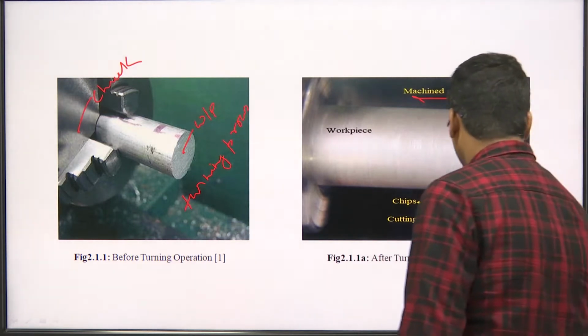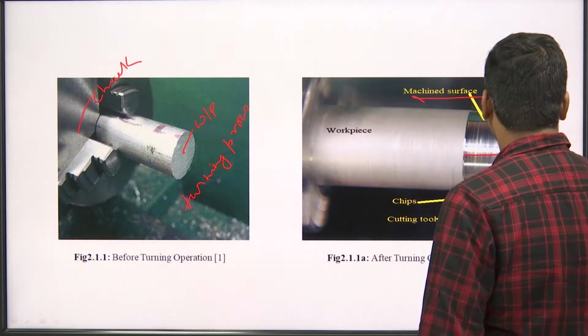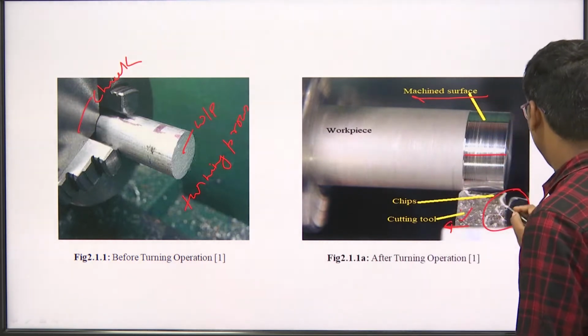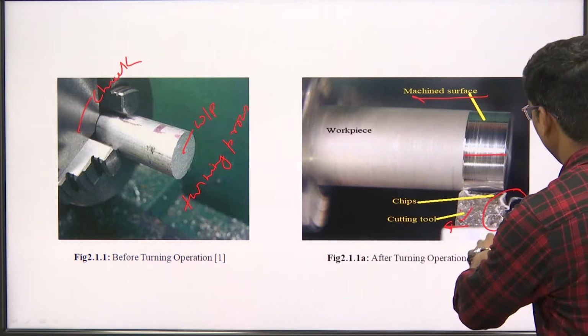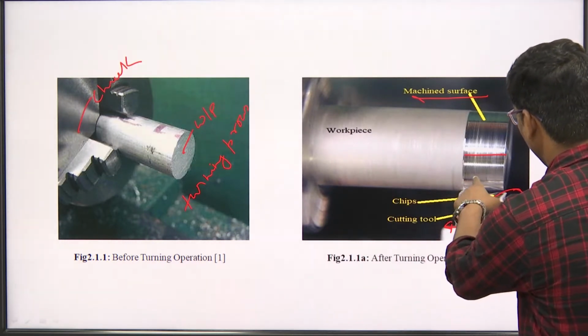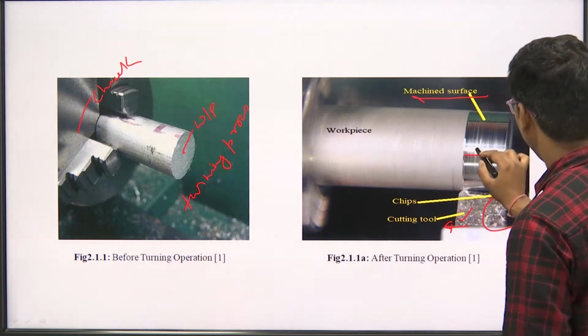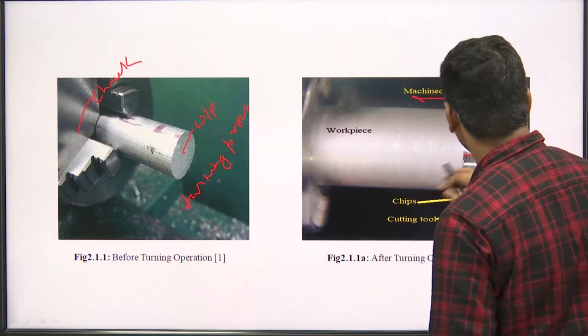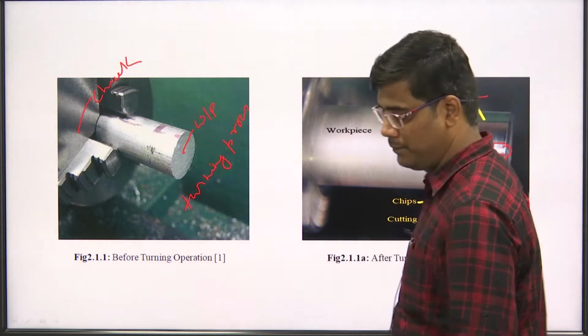The direction of the tool is in this direction, and the machined surface is obtained by removing the chips. So we can see the unwanted material removed from the surface in the form of chips, and we obtain the desired shape and finished surface with the help of metal cutting.